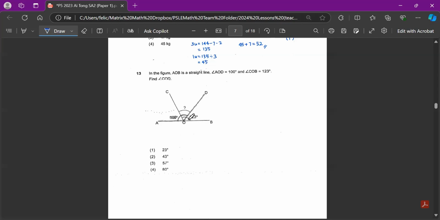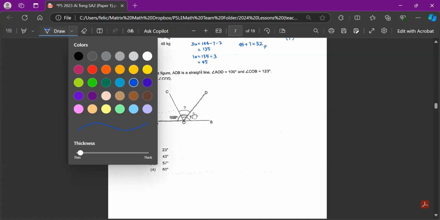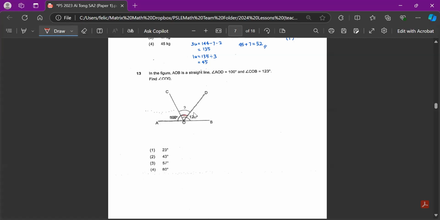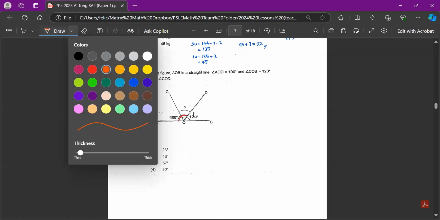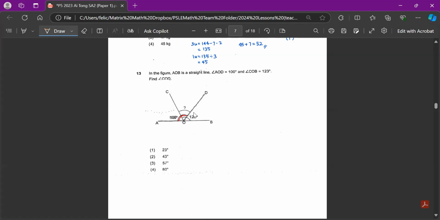Okay, so to find angle COD, first what you should do is focus on one of the angles that's already given. Maybe what I'll do is I'll focus on 100 first. So if you focus on 100, notice that this 100 is this one. Which means that what you can do next is to find out this angle DOB first. So I'm just going to draw an angle arc to find angle DOB.